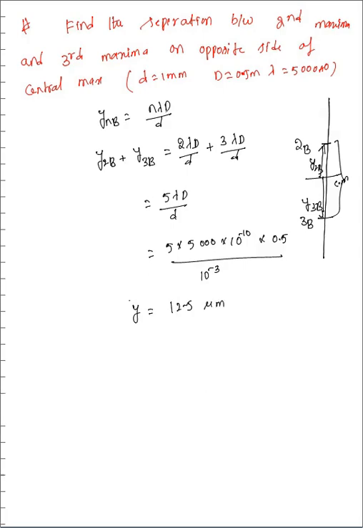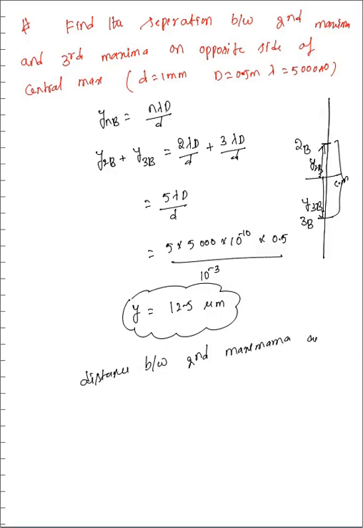So the distance between the second maxima and third maxima on opposite sides of the central maxima is 12.5 micrometers.